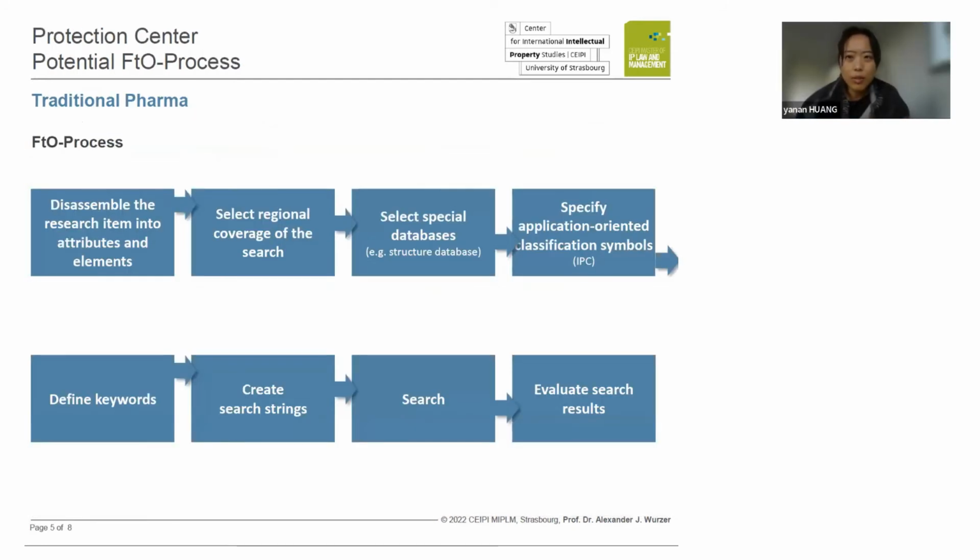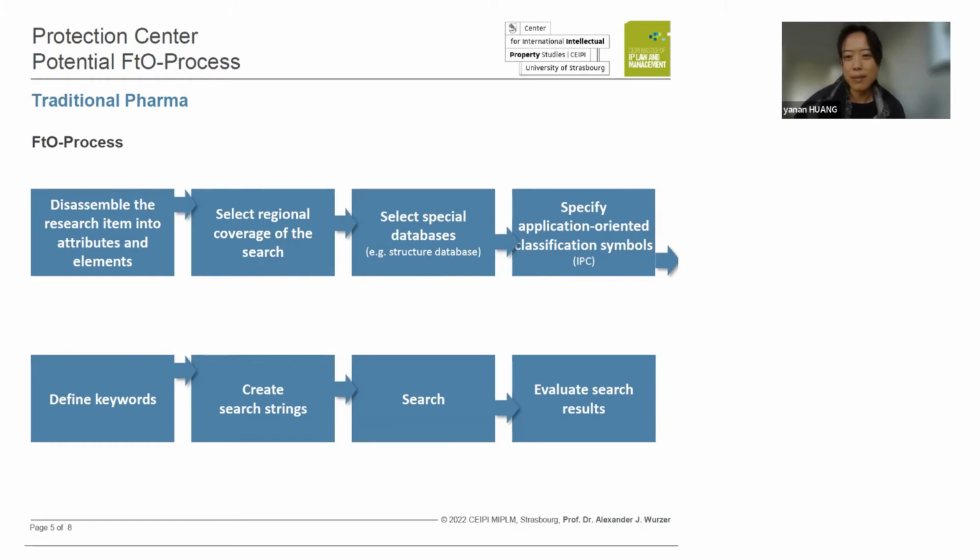Thanks, Constantino. Following our introduction, a traditional FTO for the pharma business will look like this. Step 1 is to assemble the research item into contributors and elements, and then the second is to select the regional coverage of the research, that is the regions or countries where the market wants to seek a market.